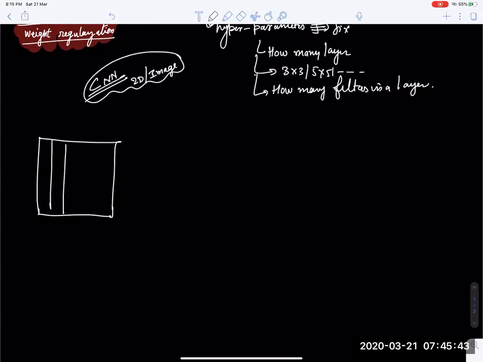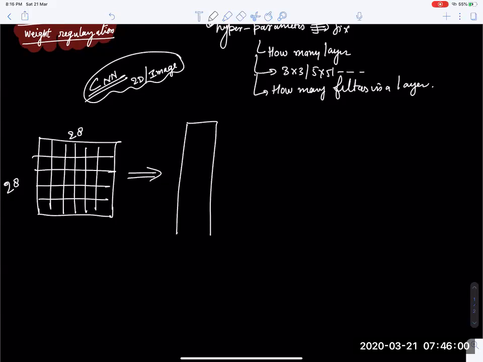Suppose I have an image like this, say 28 by 28 is our input dimension.